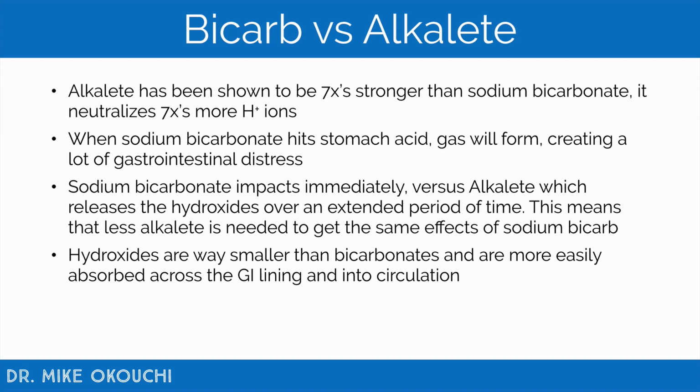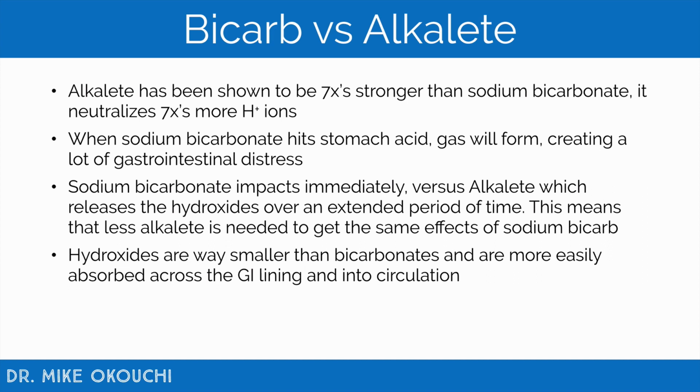as sodium bicarbonate. And this is the big one: hydroxides are way smaller than the bicarbonates, meaning that they would be able to absorb through the GI lining and into circulation and affect the body systemically. Right? Who cares if you're affecting the GI tract, because you actually want the GI tract acidic and alkaline and acidic, right?